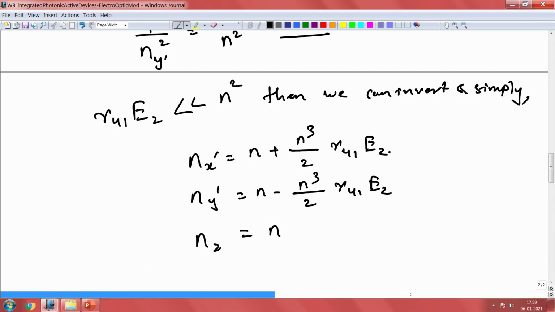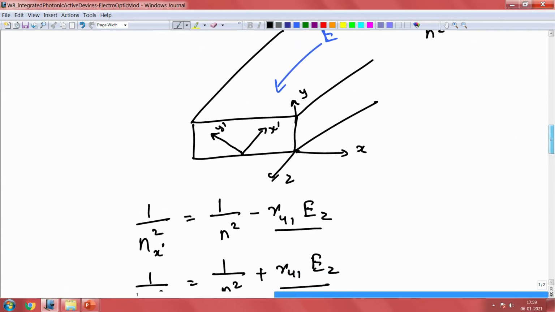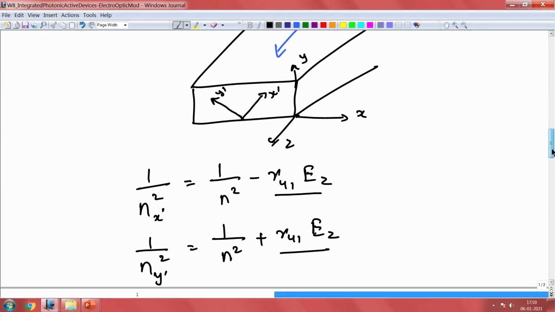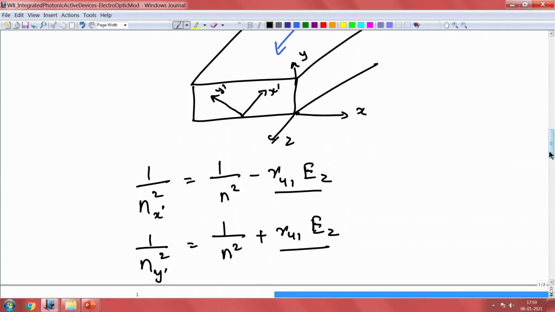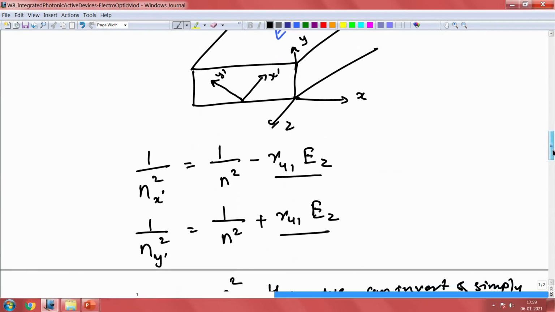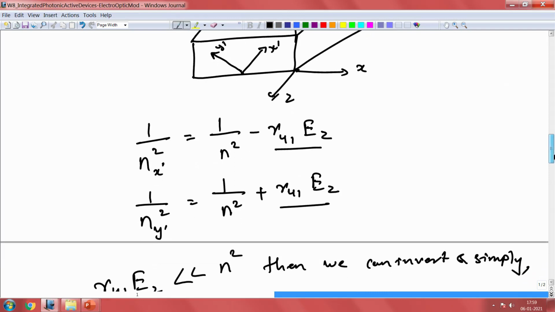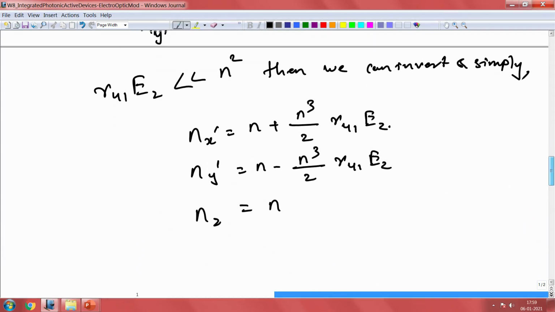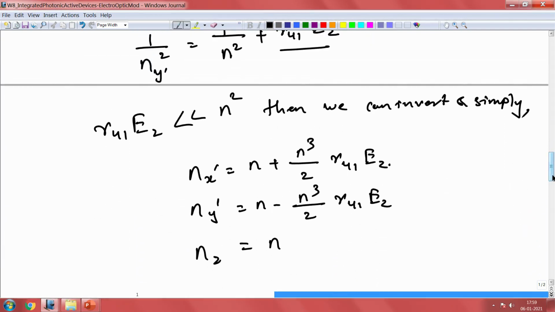So, we need to understand how this particular index change is going to affect the propagation. So far we just looked at the cross section here, right. What will be the change in the refractive index is something that we have understood now, but then how is this going to affect the propagation, right. So, that is something that we should try to understand.